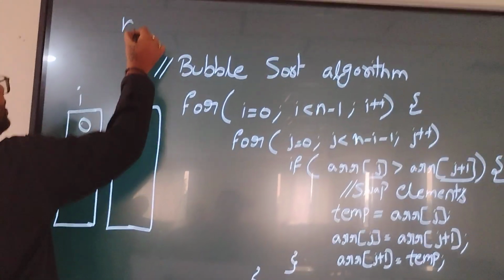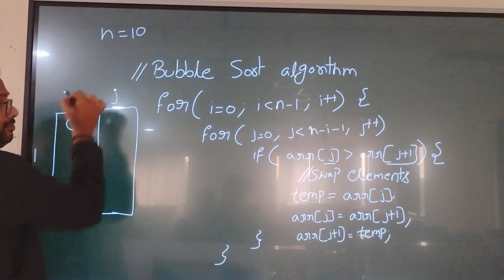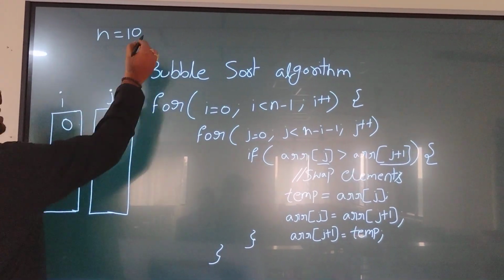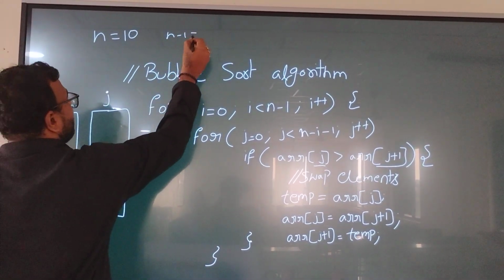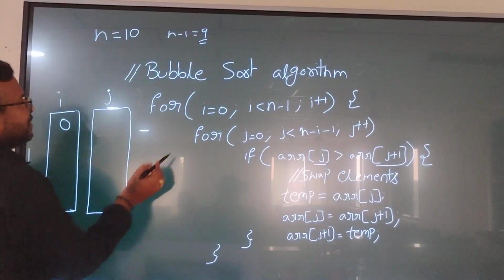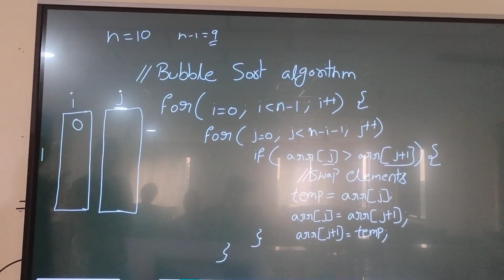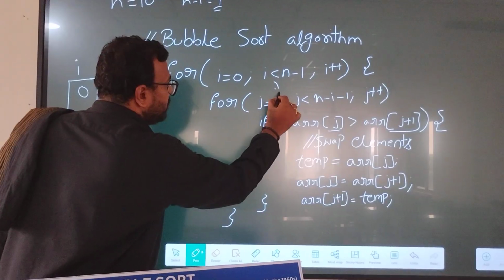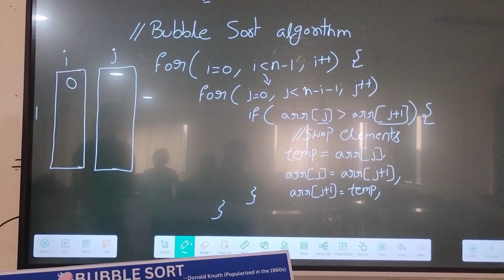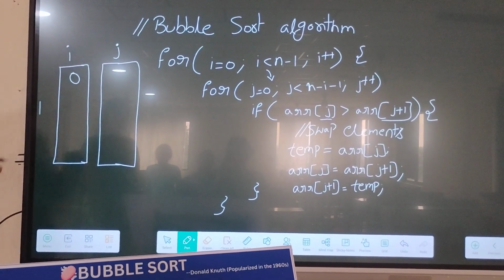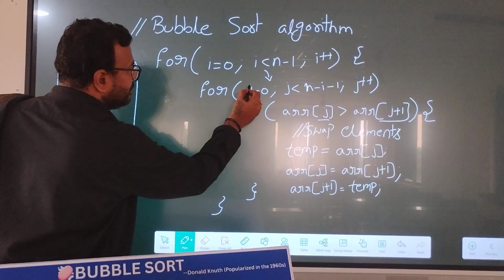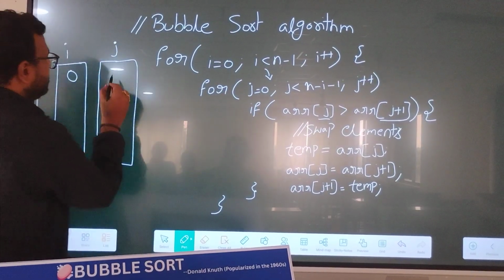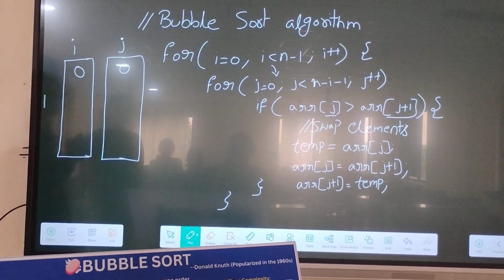It is 10, so n minus 1 is 9. 0 is less than 9. If it is true, the control comes to the inner for loop. Now j equals 0.